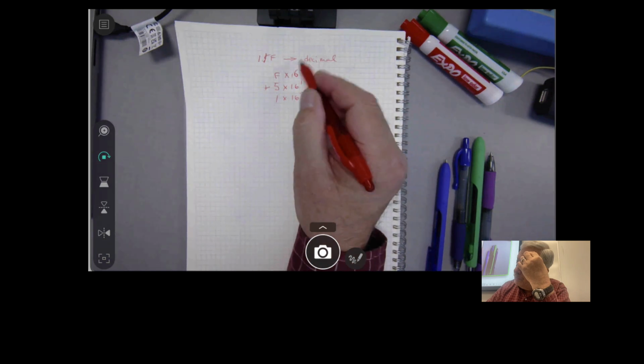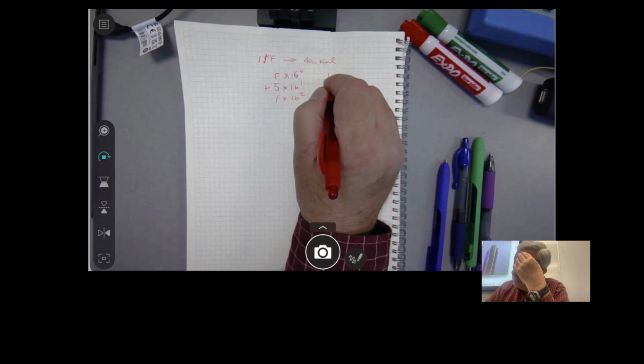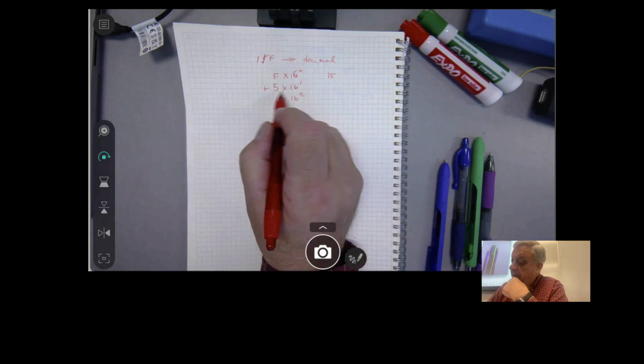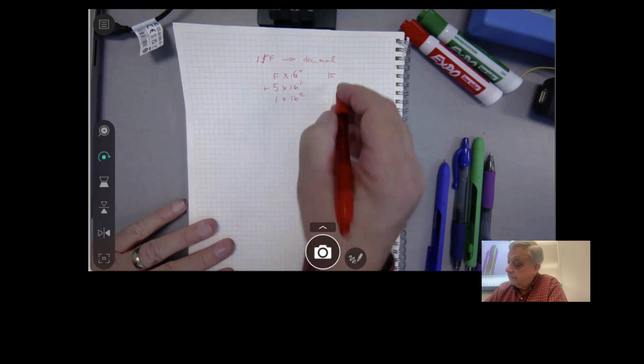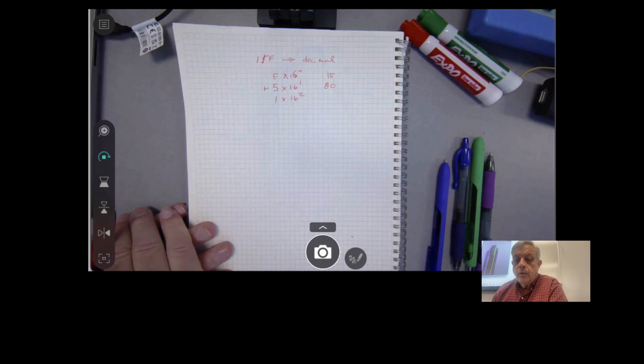So the same way as we move from binary, we take F times 16 to the 0. That'll get us a 15. 5 times 16 will get us an 80.